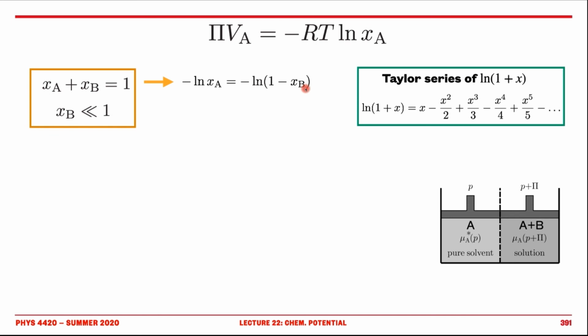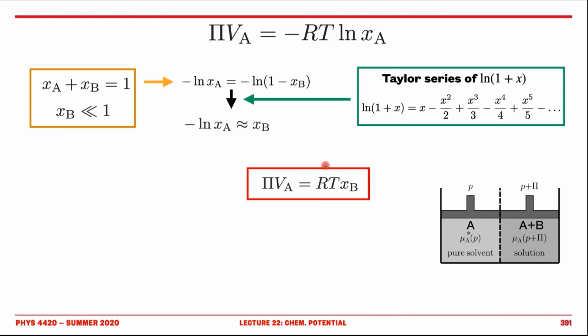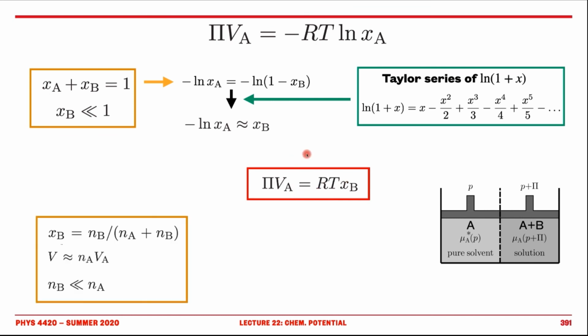So this term here, without the minus, will be equal at first order to minus XB, since XB is so small. So in other words, putting all this together, minus ln XA is almost equal to XB. And that allows me to replace minus ln XA by XB, and I get this equation. I'm almost there, not quite, but almost.